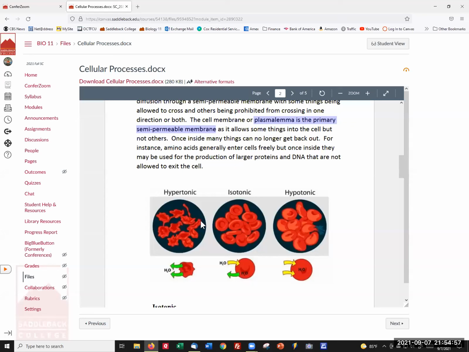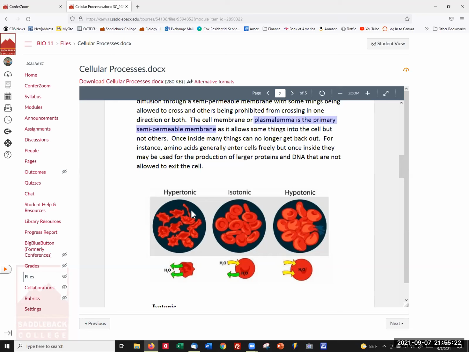And what will happen is the water concentration will be greater inside than outside. The solute concentration will be higher outside than inside. The solute concentration is hypertonic. That's where that word hypertonic comes from 10 years ago.